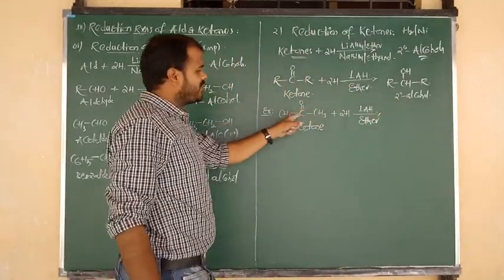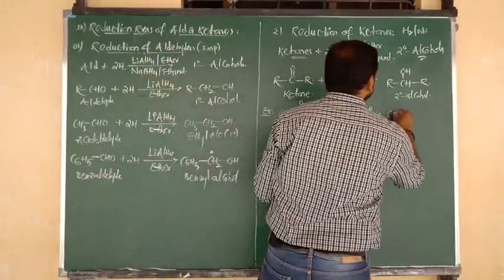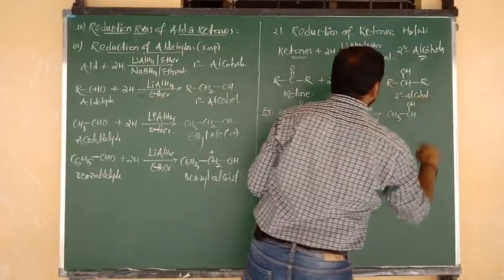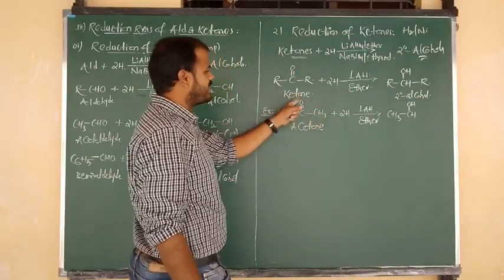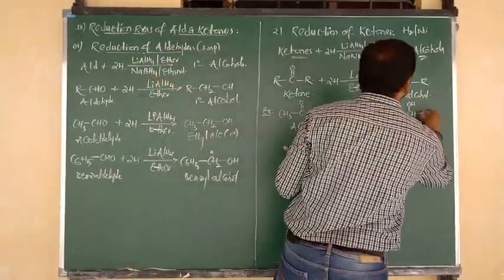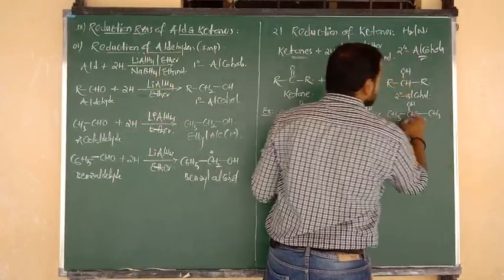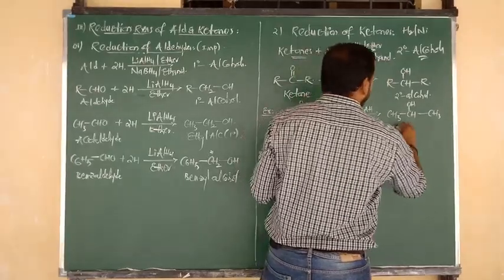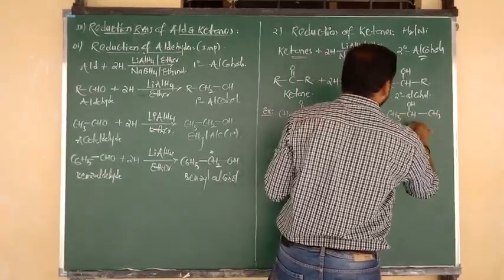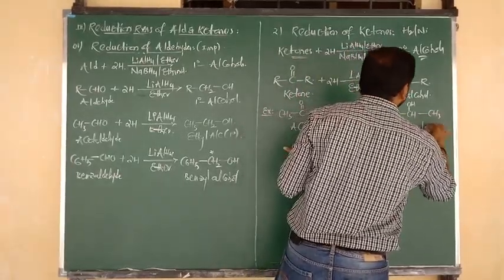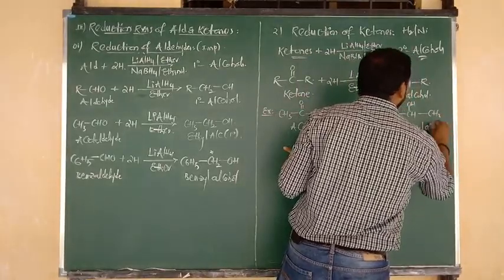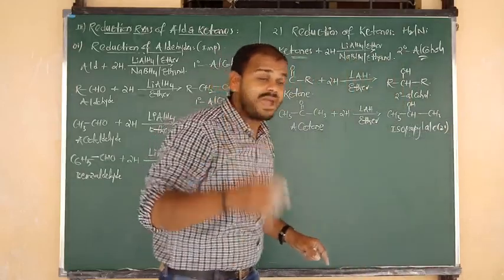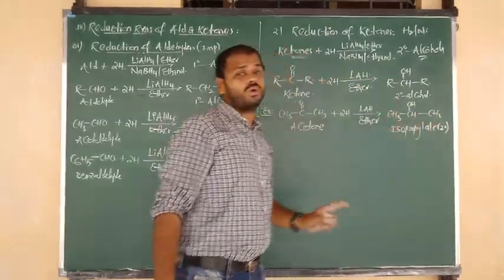Of the two hydrogens, one is given to carbon, one more is given to oxygen. So the product is CH3 bonded to CH, CH bonded to OH, and at last, CH3. So it is also an example of secondary alcohol, an iso carbon. Total 3 carbons are there, propyl. So the product name is isopropyl alcohol, a secondary alcohol, and the IUPAC name is propan-2-ol.